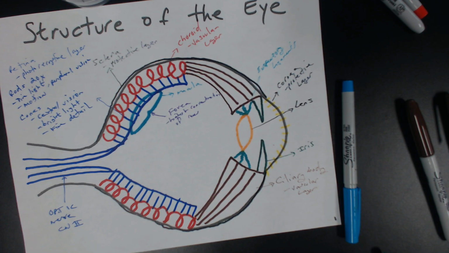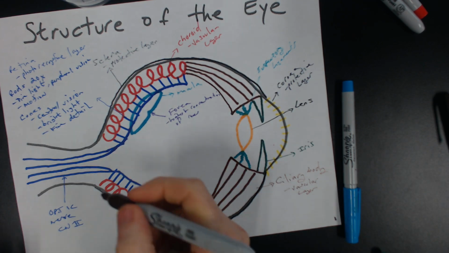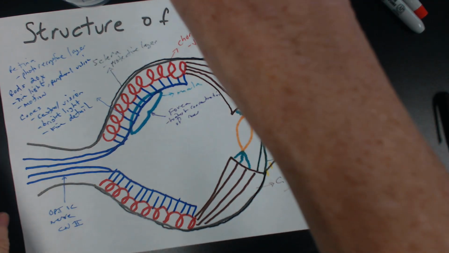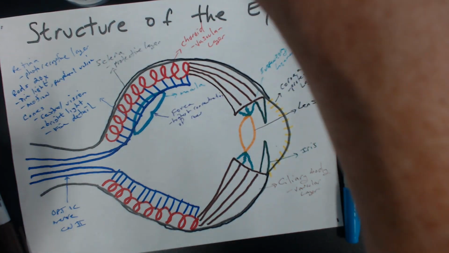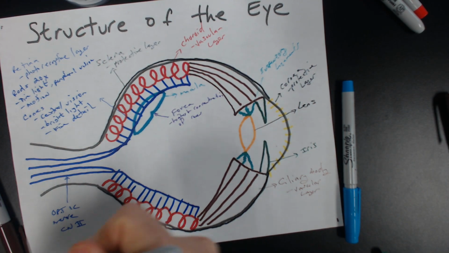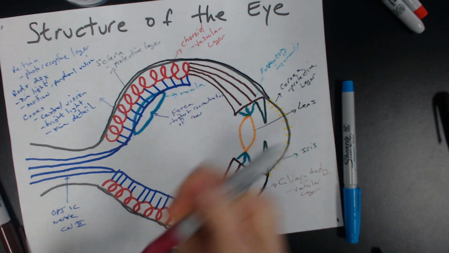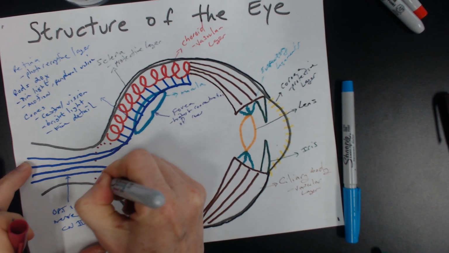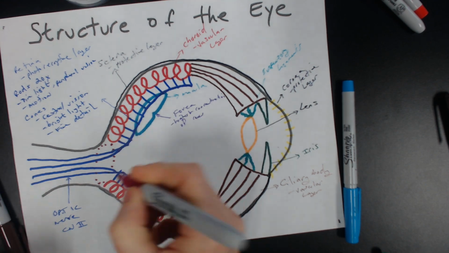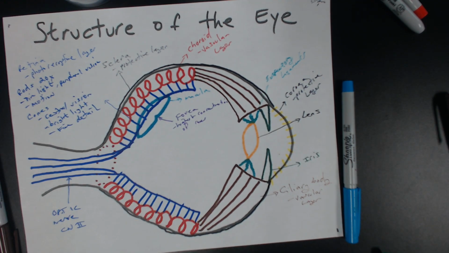And all those cells exit the back of the eyeball through a special space, and I'll go ahead and put that in. Make it orange. All the space back here where the optic nerve, or the second cranial nerve, exits, is called your optic disc.